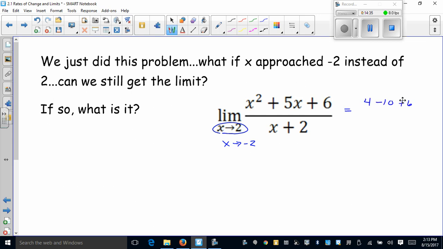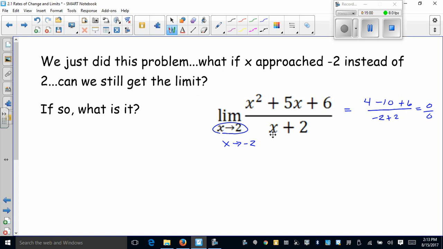I know this isn't on your paper, but this is one to think about. Well, oh, wait a second, what do we do here? If you get 0 over 0, there's something algebraically you can do. In this case, factor. That just means that x plus 2 is a factor of this guy. That's all it means. So you factor this out, and you go, oh, okay.